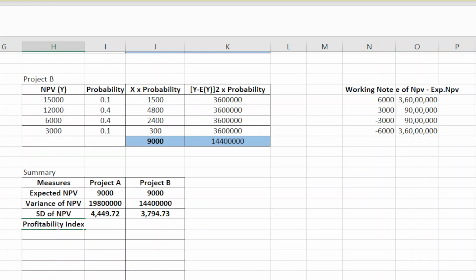What is the formula for profitability index? Simple. I will write it here.